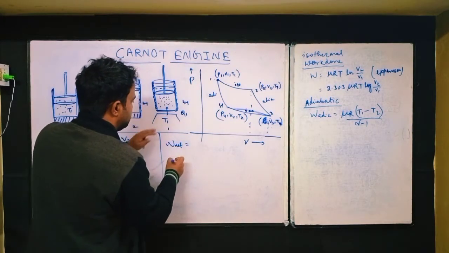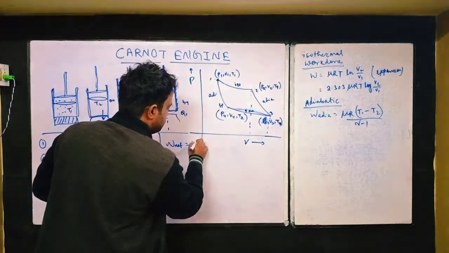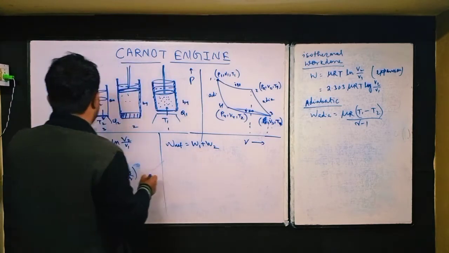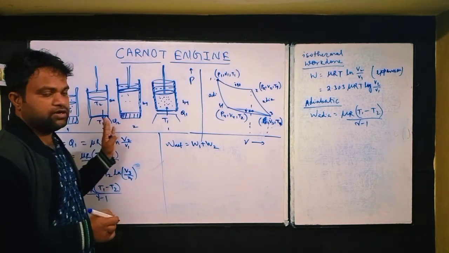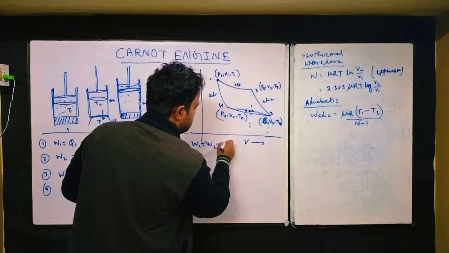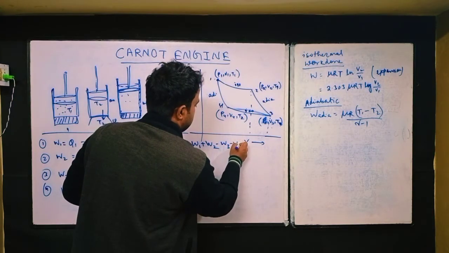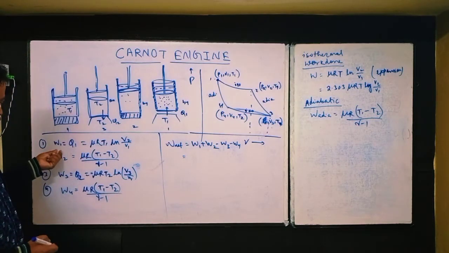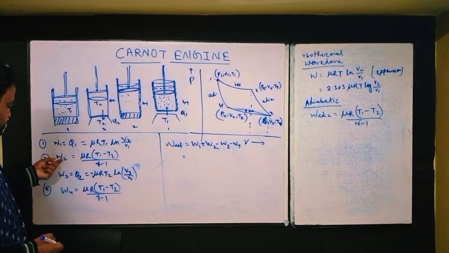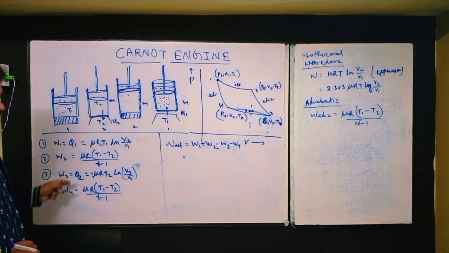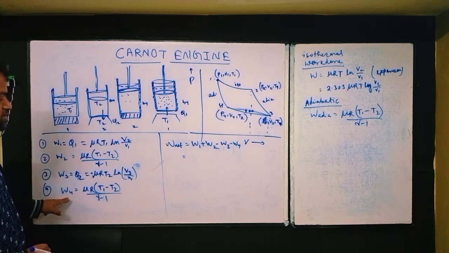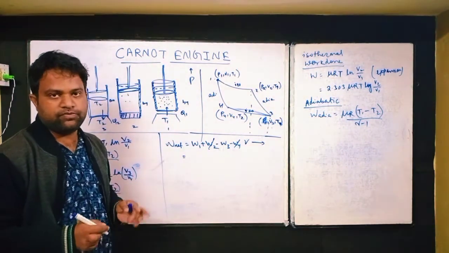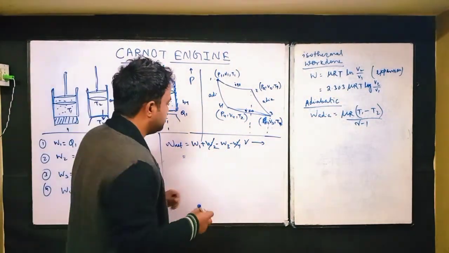net work done is W1 plus W2. Here W2 is the positive work done, and in 3 and 4 work is done on the system, so I'll write minus W3 minus W4. Fine. So you see that W2 and W4 are the same, so I can cancel out W2 and W4. So W1 minus W3 will remain.